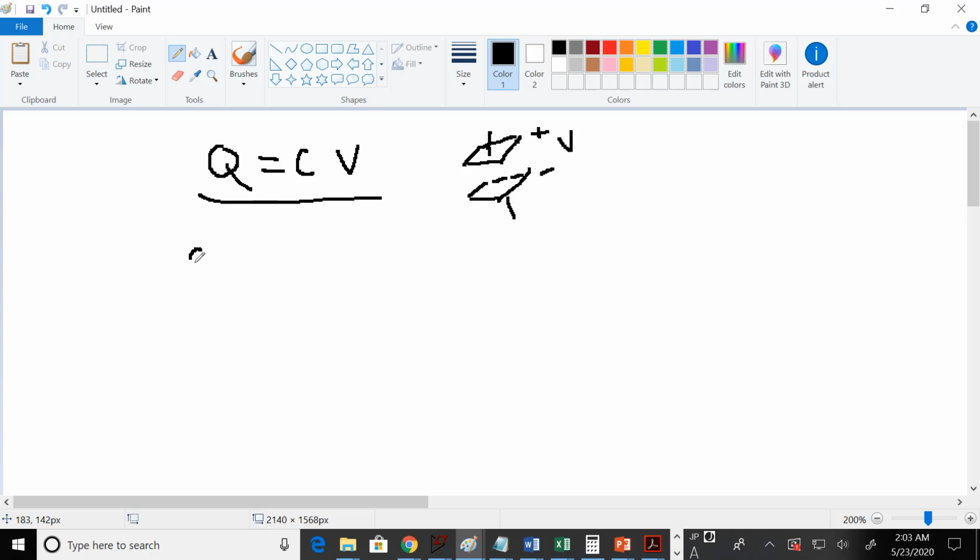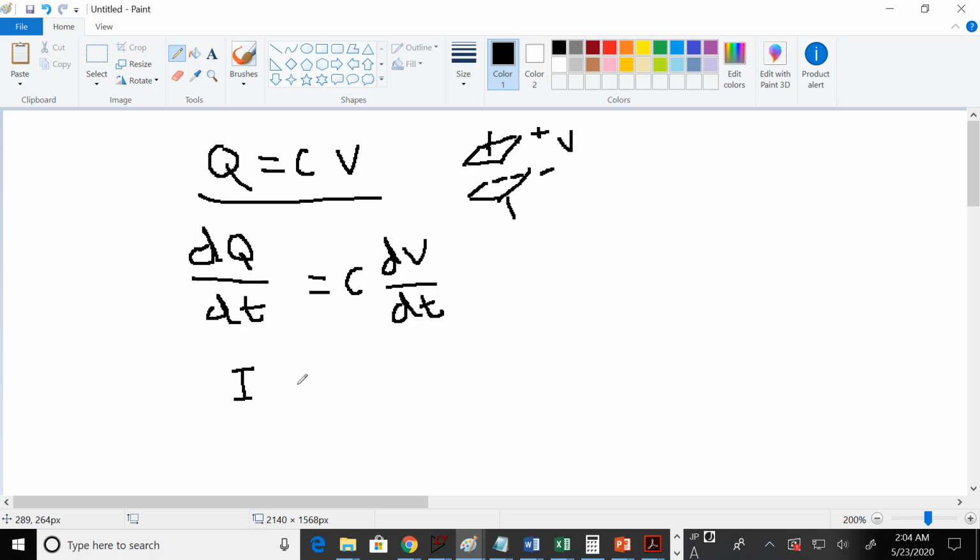If you take the derivative of both sides with respect to time, assuming C is constant, you get this, and dq/dt, the change in charge per unit time, that's flowing charge, that's just your current.